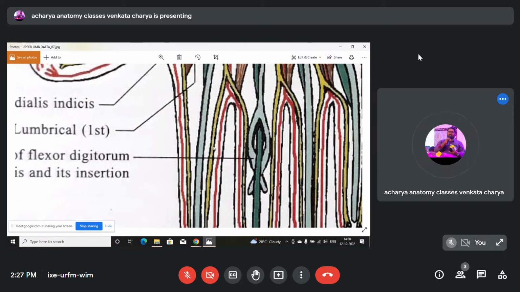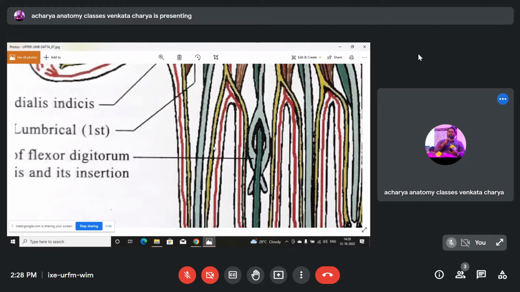Next, fifth proper distal artery supplies the lateral side of the middle finger.